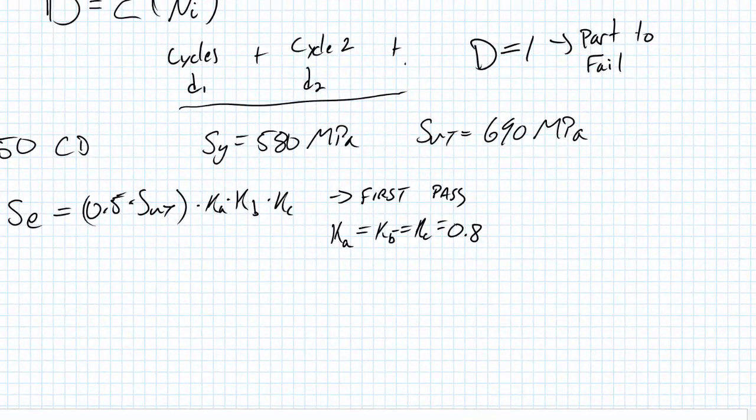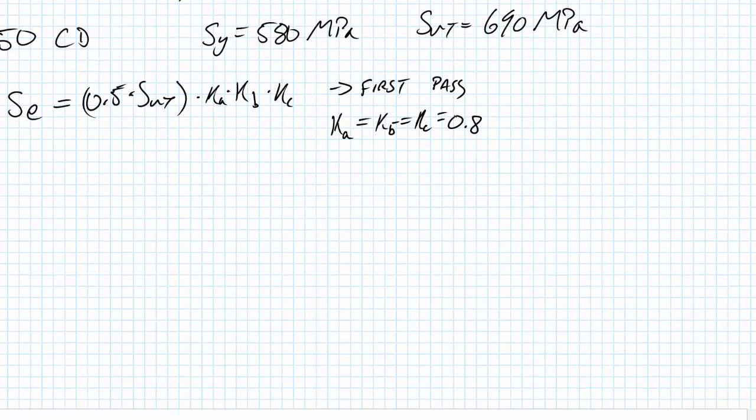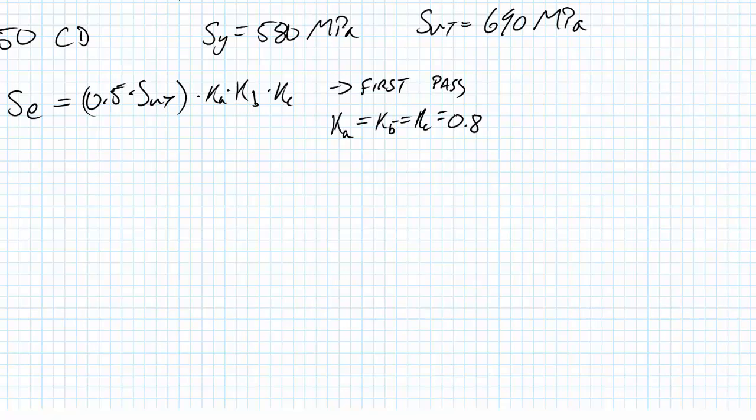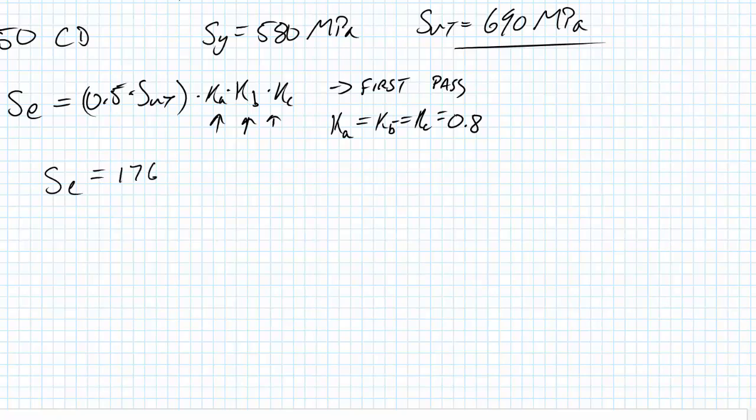We can come back when we know more about the system and change these. As we'll see, the reduction of the endurance strength is pretty typical for most values. All right, so if we did that, plug in our 690 megapascals and do 0.8 for each one of the Marin factors, we'll come up with a guess of our endurance strength around 176 megapascals.